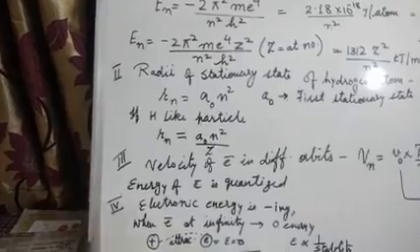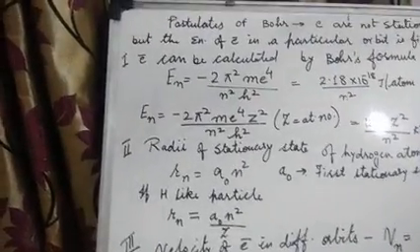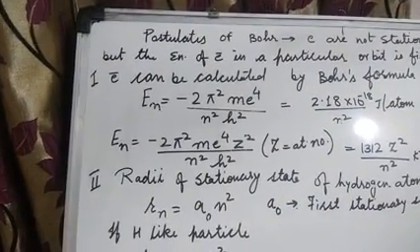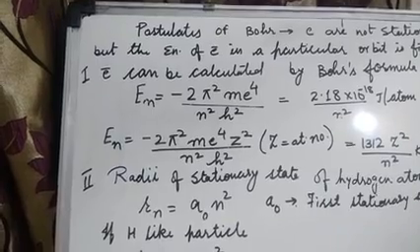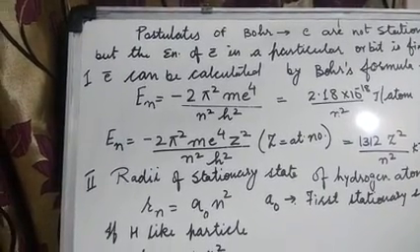Next thing, students, as you have observed in the formula of energy, that E is equal to minus 2 pi square m e to the power 4 upon n square h square.